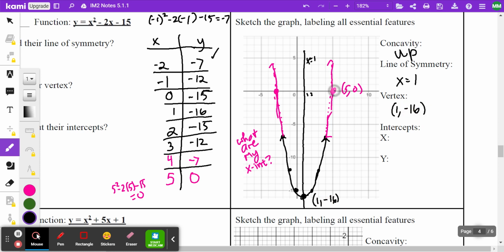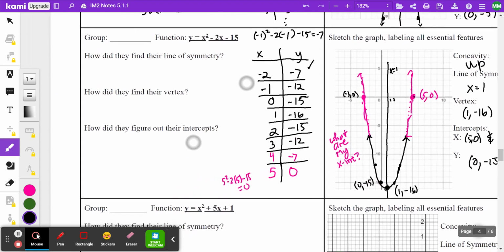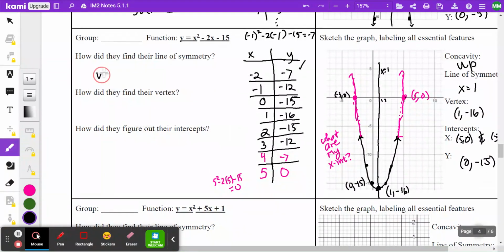The x-intercepts are at 5, 0 and -3, 0. The y-intercept is at 0, -15. And once I had my graph, I was able to do everything by visual inspection.